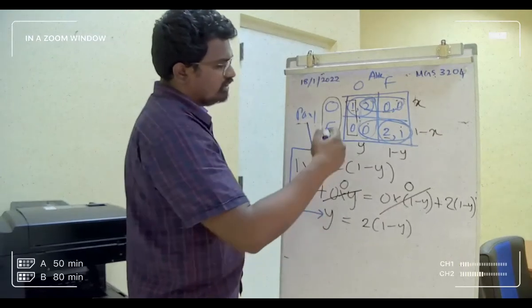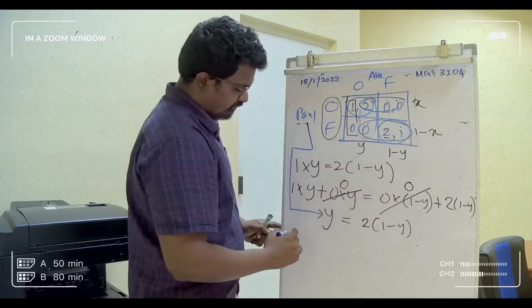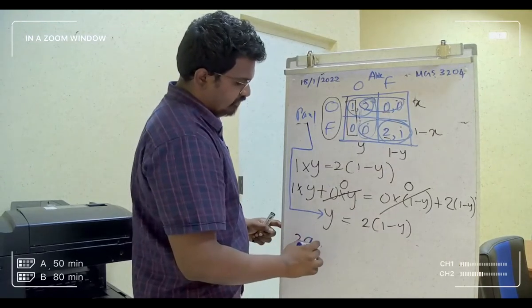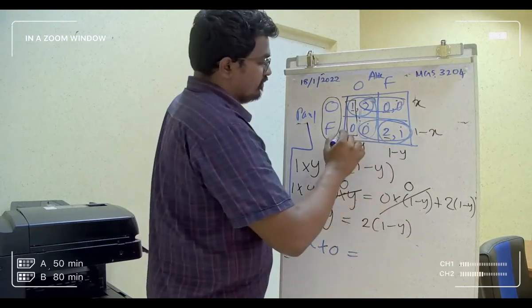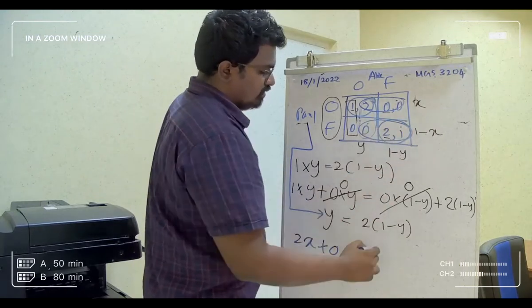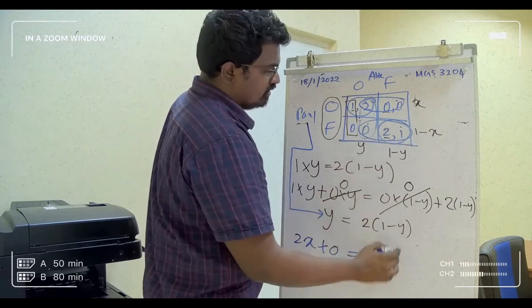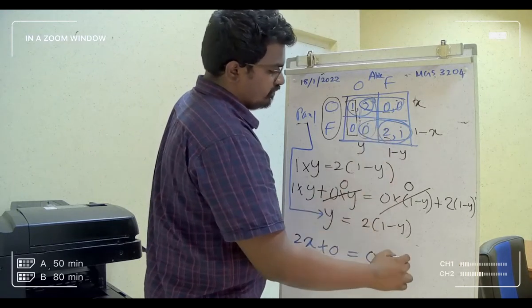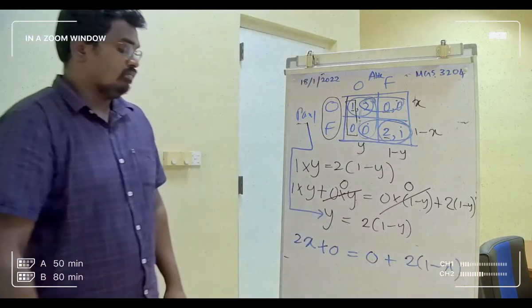So then zeros even you can use, right? So 2 into x, 2x plus 0 equals, here we got how much? 0 into 1 minus x plus here 2 into 1 minus x. Am I correct? Yes, sir.